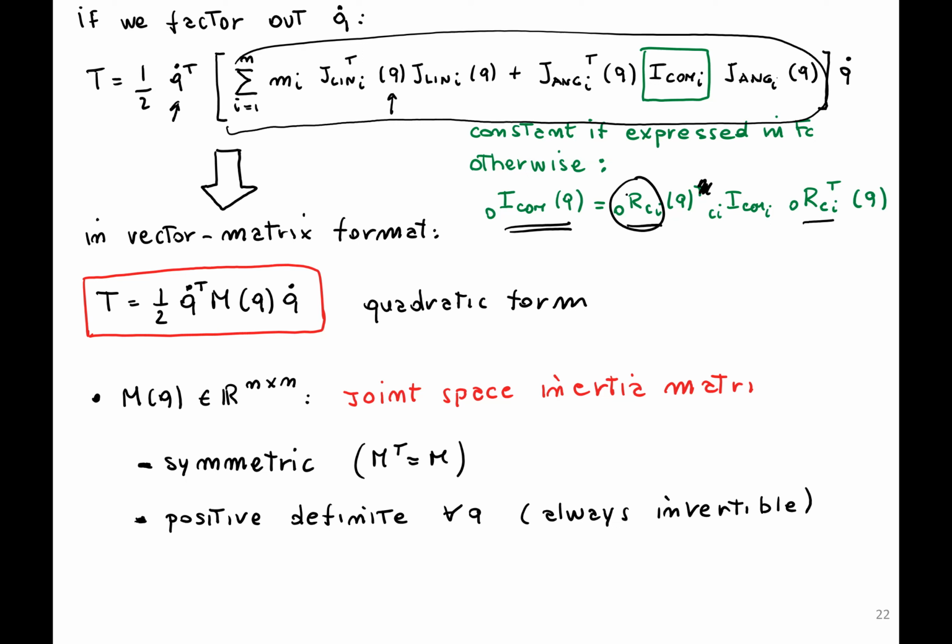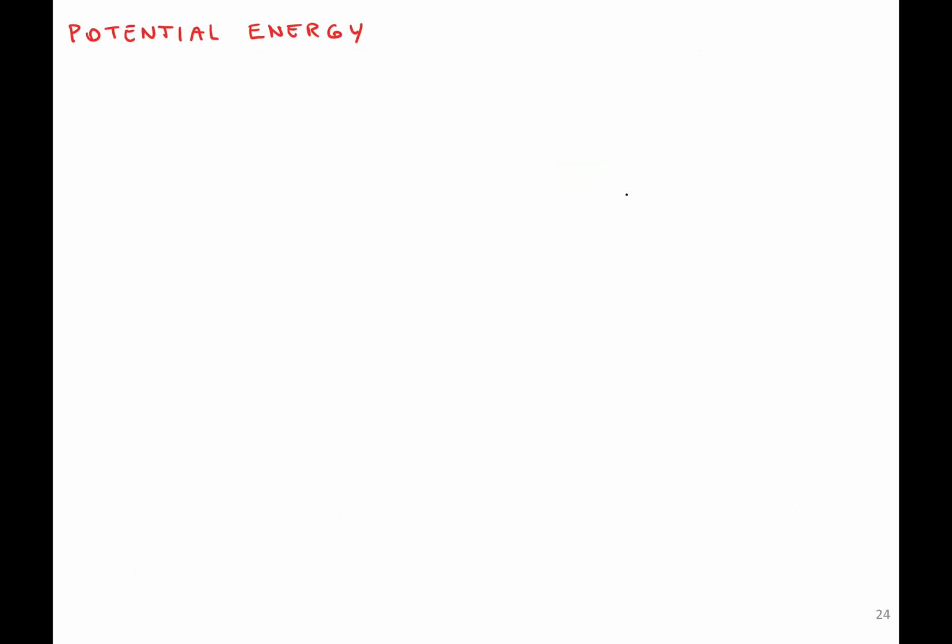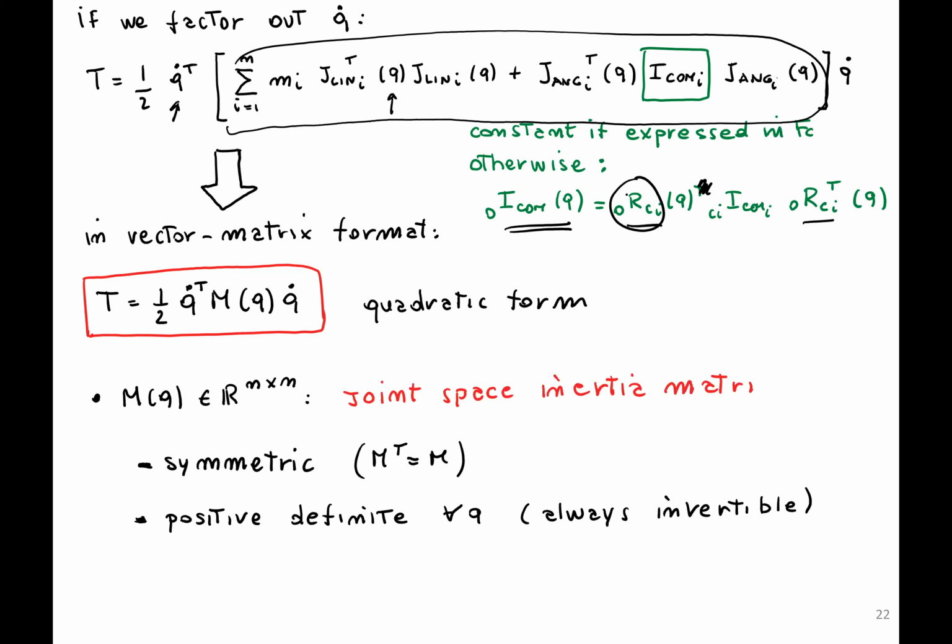The notation that we use in this course, M, is different from the one used in the book of Siciliano, where he called the inertia matrix B. But I think it's better to call it M because it gives you more insight into the fact that it's an inertia. And we said that the inertia matrix depends on q, because we have the Jacobian that depends on q.